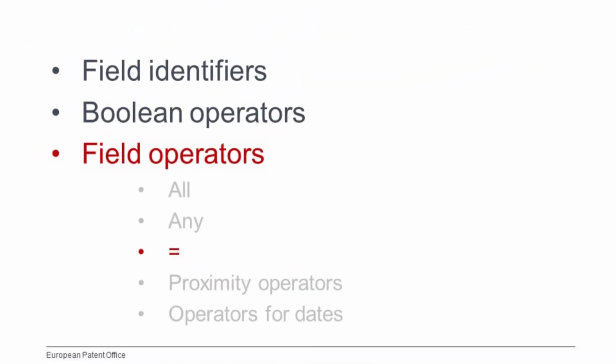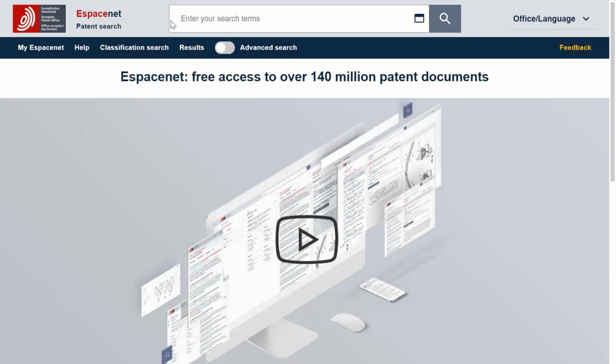The field operator equal, used with multiple keywords, will search for the exact expression in the displayed order. So if you search for TI equal "blue laser beam", you will retrieve documents which must contain this exact expression.